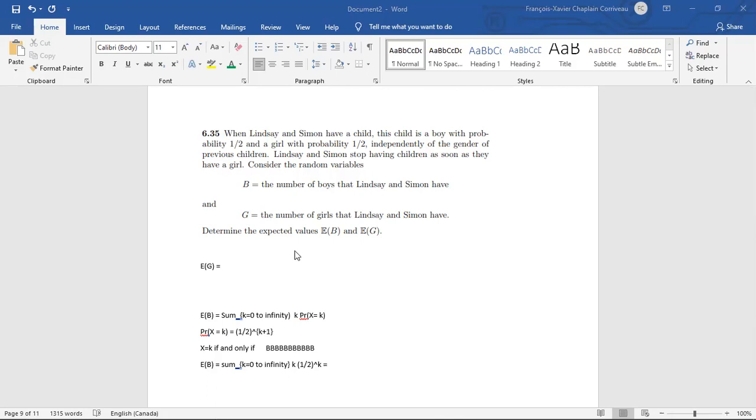None or 0, exactly. So here it's 0 times the probability that I get 0 girls, plus 1 times the probability that I get 1 girl. Now don't be confused. The probability that I get 1 girl is what?